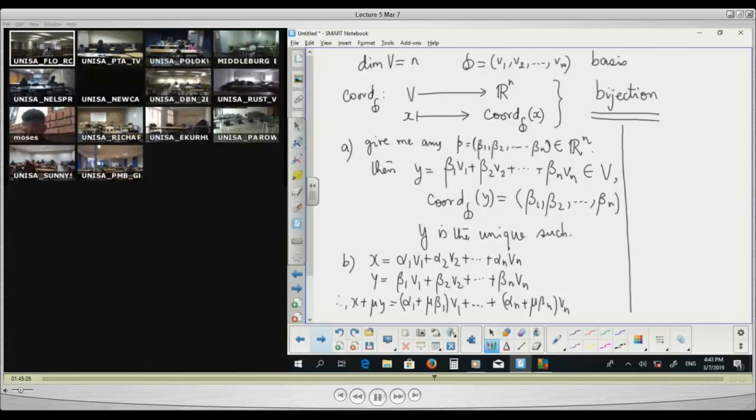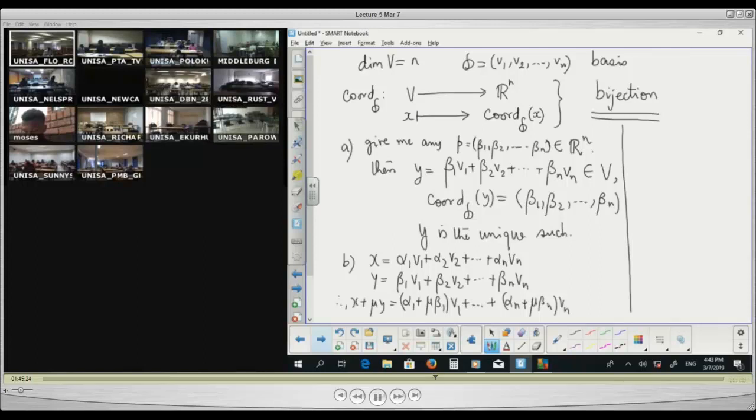In other words, every finite dimensional vector space, how does it look like? It looks like some Rn. Okay? What is this n? N is the dimension. Okay? So that's the upshot of this.